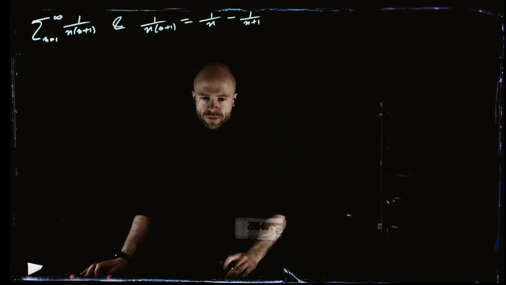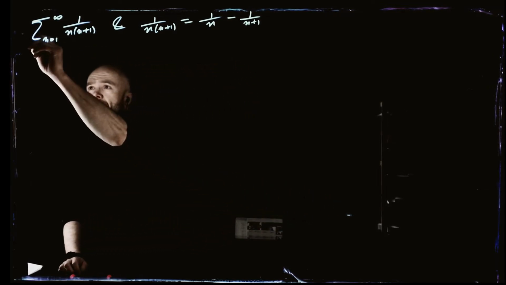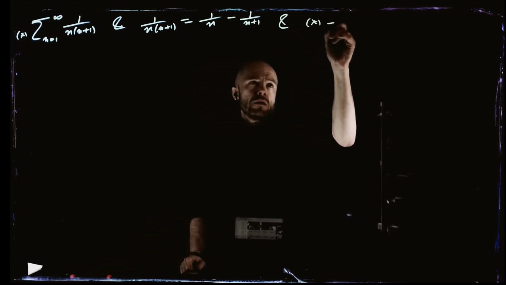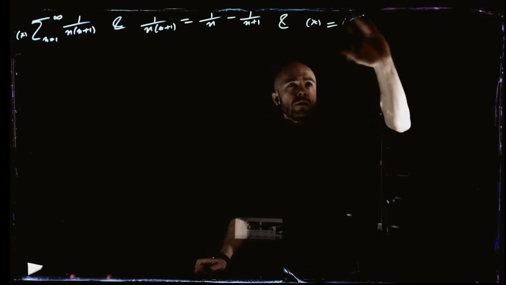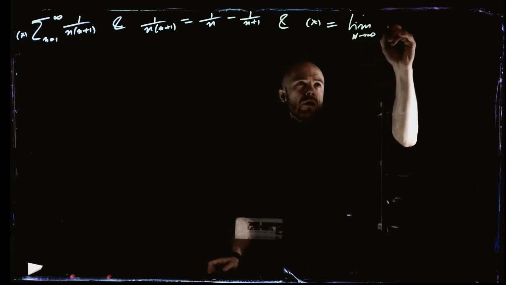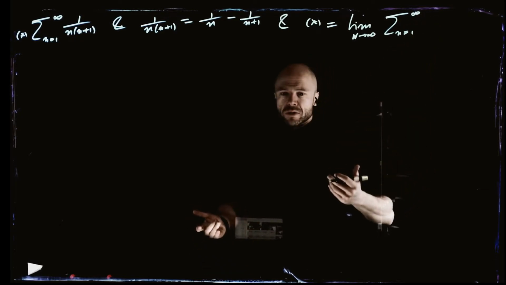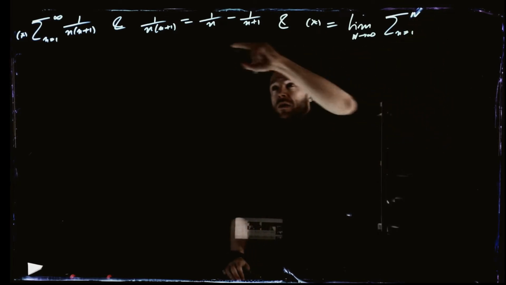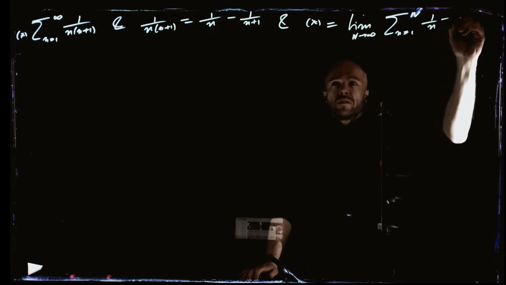So this guy here, the guy we're trying to understand, is the limit as capital N goes to infinity of the partial sums, n equals 1 up to capital N of this thing, which we're now going to write like this, 1 over n minus 1 over n plus 1.